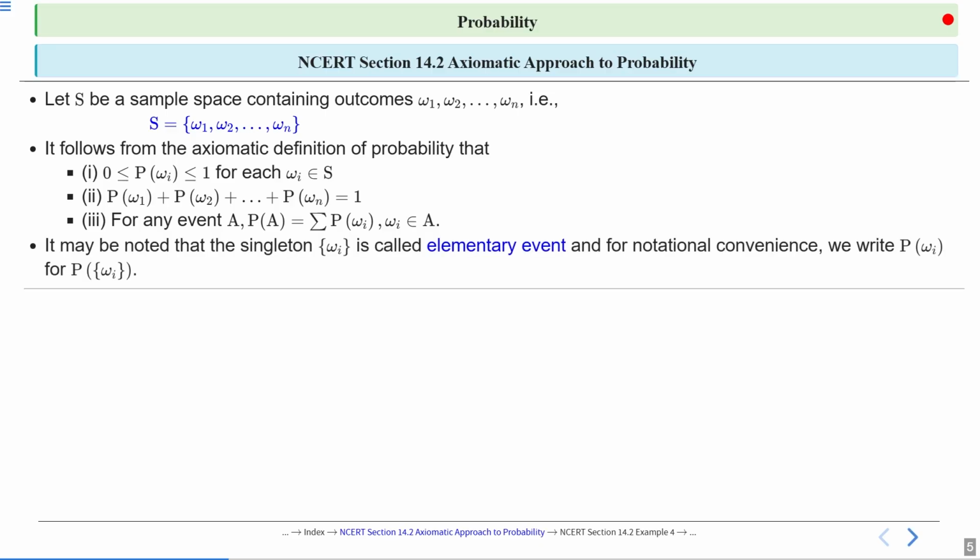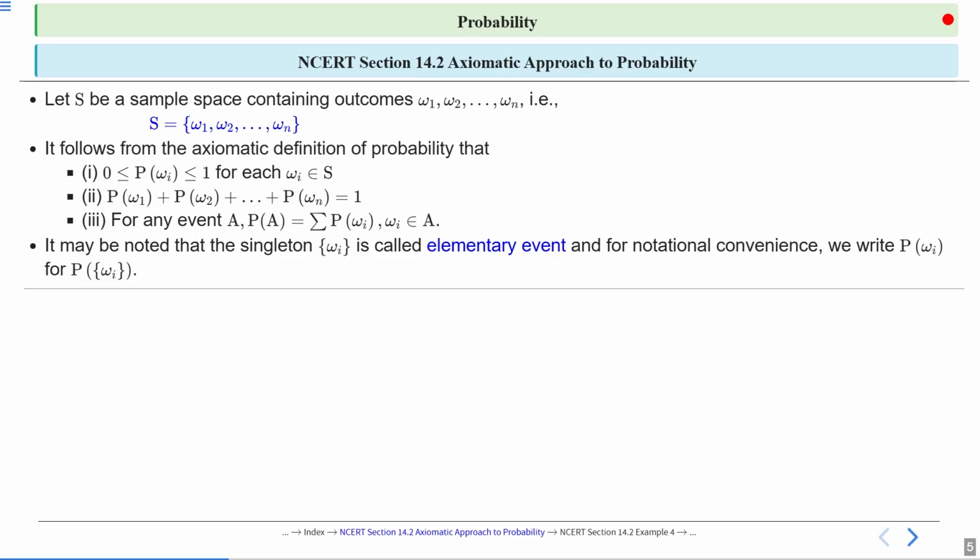And it may be noted that the singleton set omega i is called an elementary event or simple event. So what is a simple event? An event which has only one sample point from sample space S is called a simple event or elementary event.